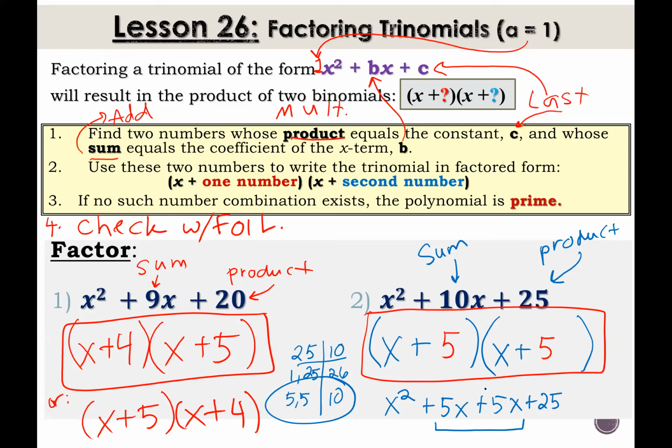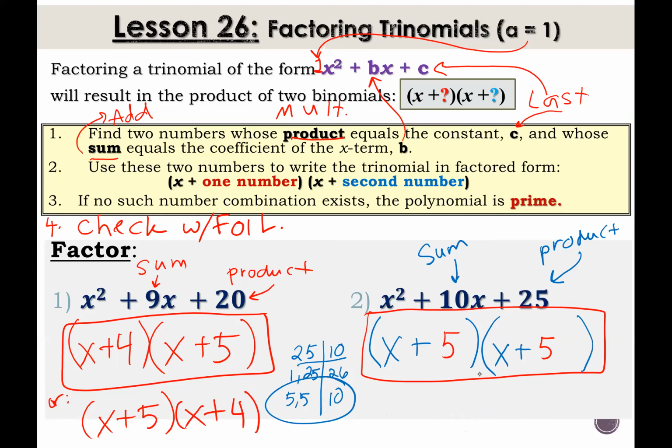One last note on this problem, x plus 5 times x plus 5, those two factors are actually equal to each other. So let me make a little bit of space. I'm erasing where I checked because I want to have space to write another way of writing the answer.